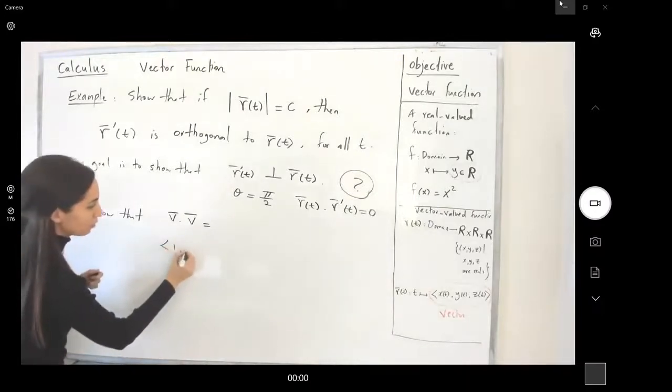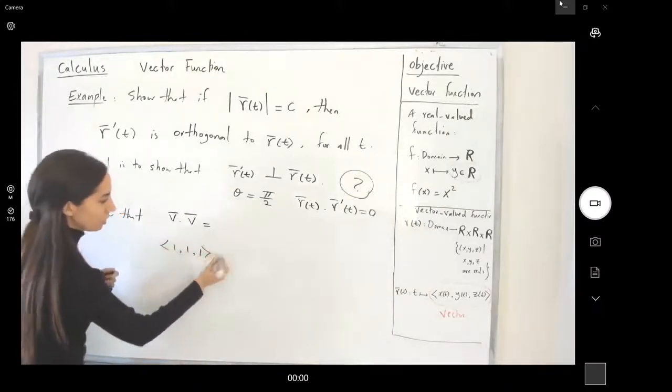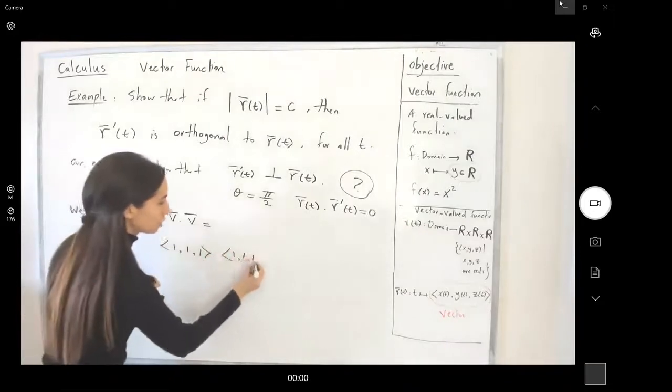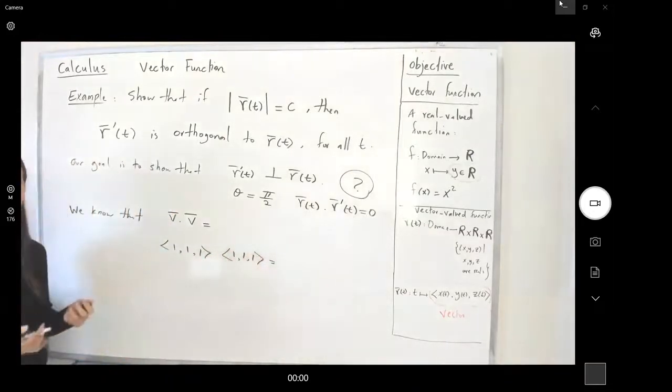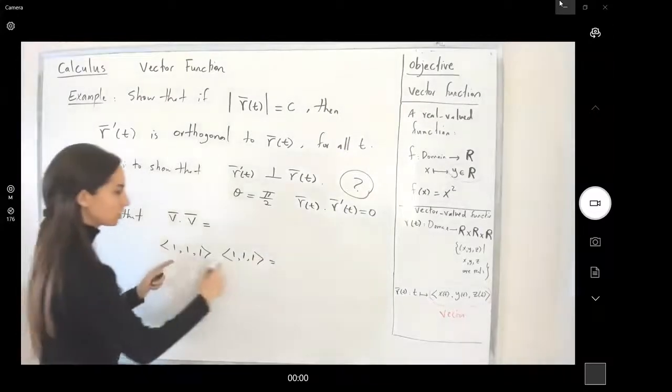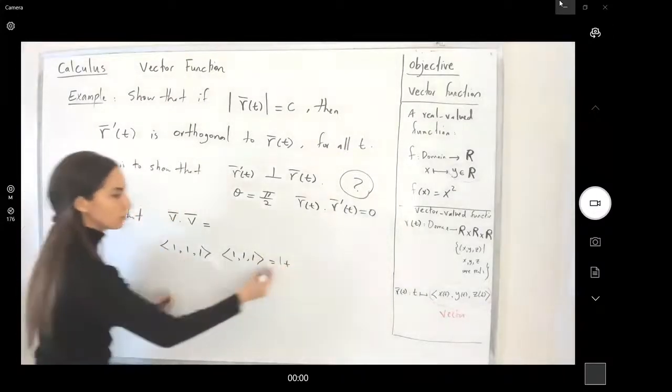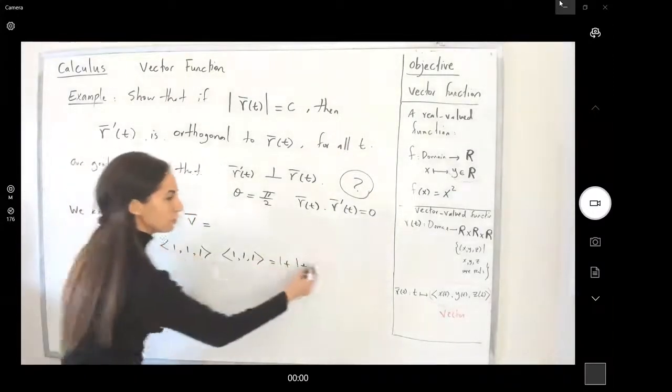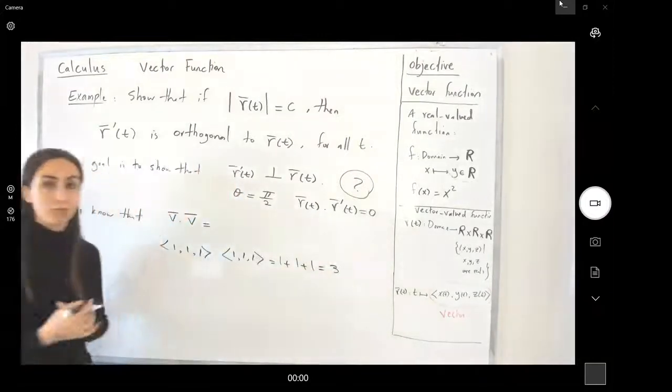You have, for example, (1, 1, 1) and you find the dot product between these two. How did you define the dot product? It was equal to 1 times 1, 1 times 1, 1 times 1, which was equal to 3.